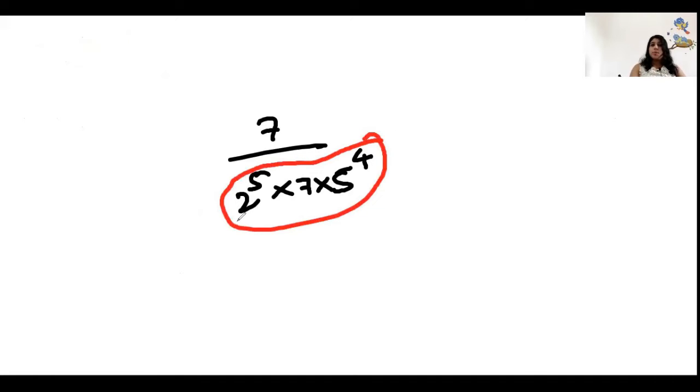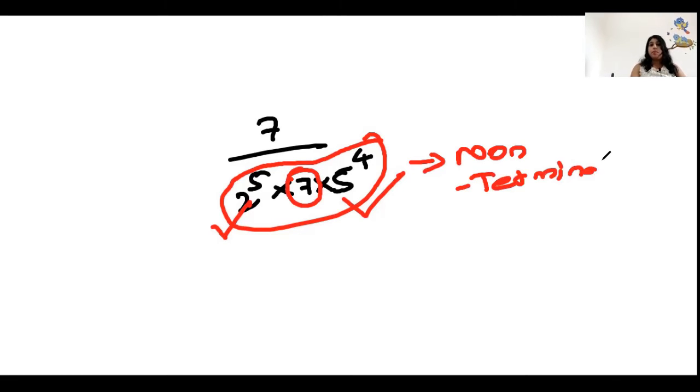As per our theory, the 2 power is there and the 5 power is there, but additionally 7 is also there. So we come to know that it is non-terminating. This is the way we can identify between terminating and non-terminating.